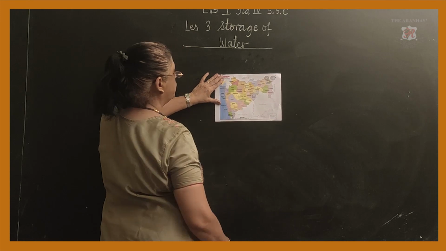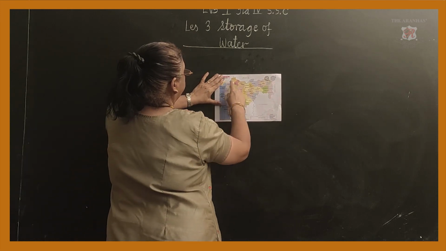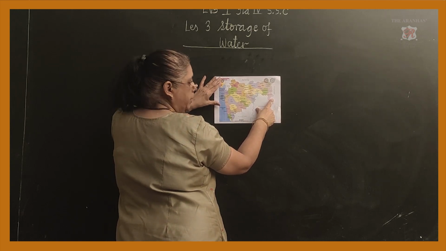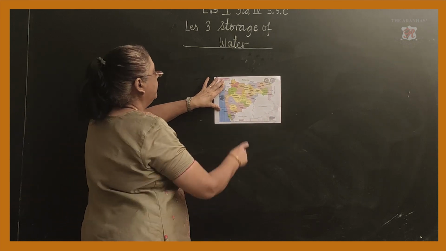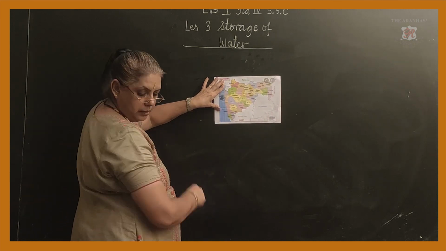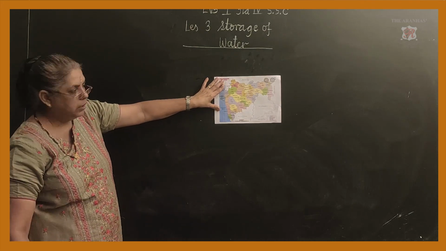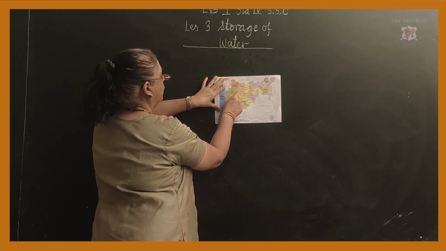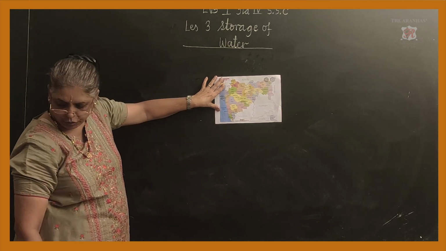I am showing you the picture of the Maharashtra map. You can also ask mommy to get one for you, and mark the places. Jayakwadi Dam is built on river Godavari in Aurangabad district.